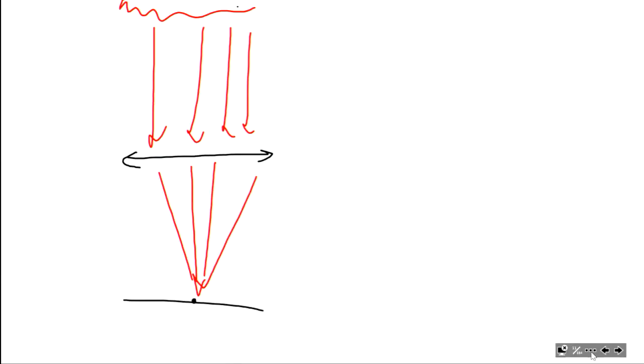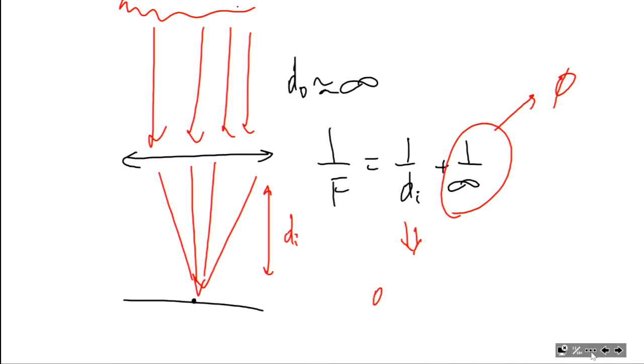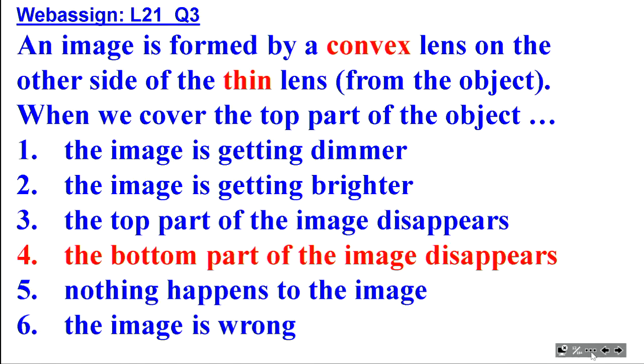So the object distance is practically infinitely larger, and if you write an equation, when we're dividing by a huge number, the result is practically 0. So this distance is the focal distance. We just need to make sure the source is very far away. That's it. Well, so we have answered the question.